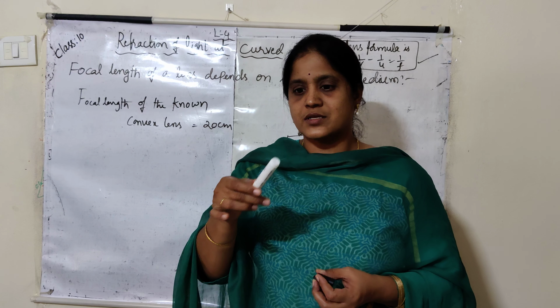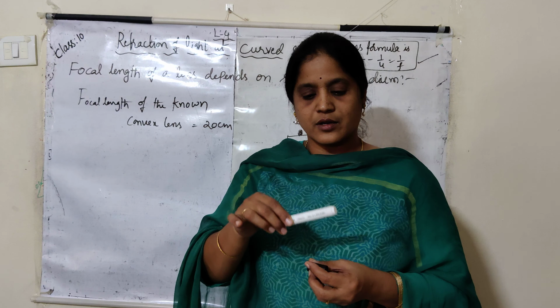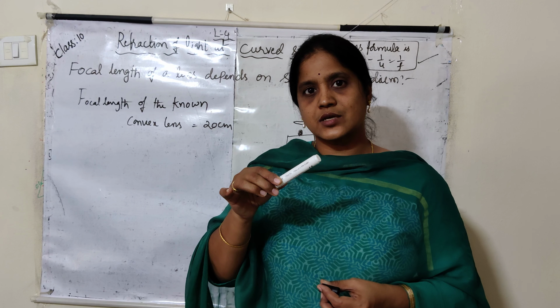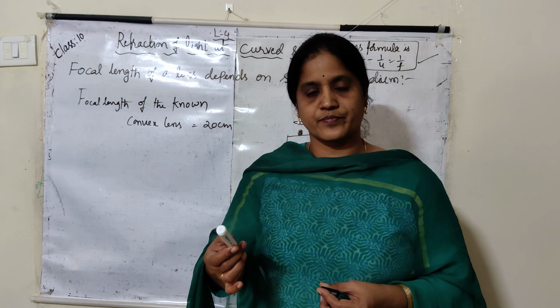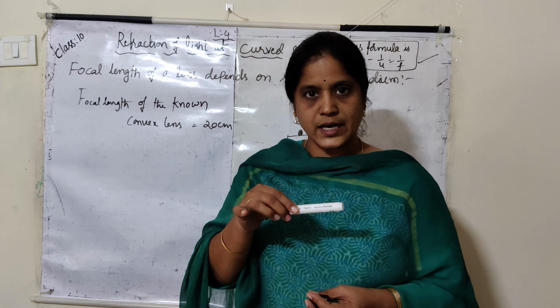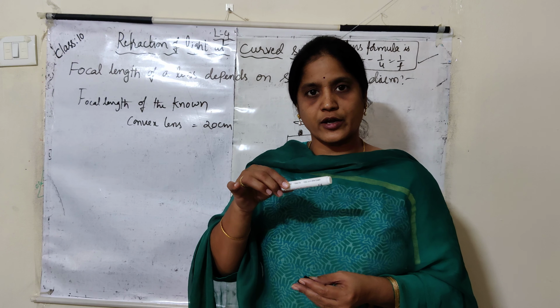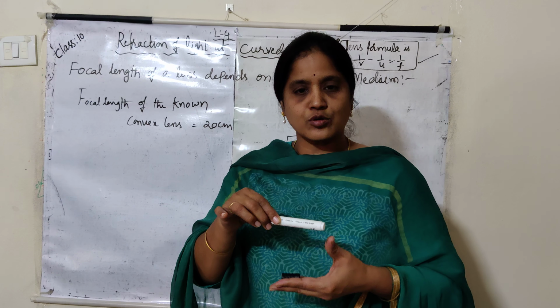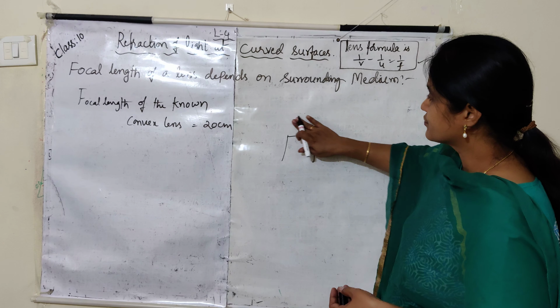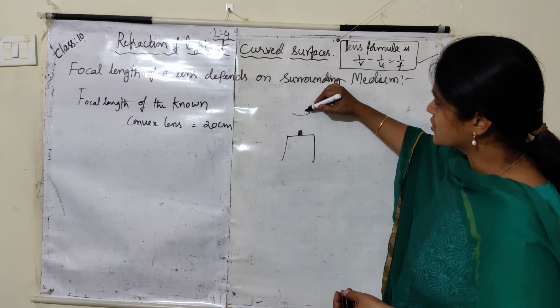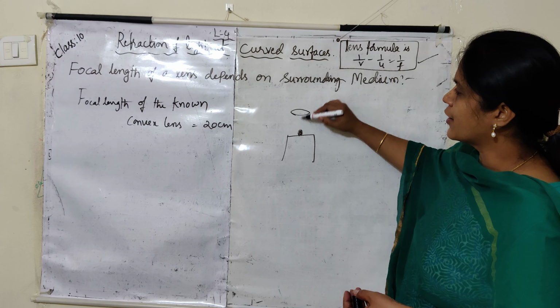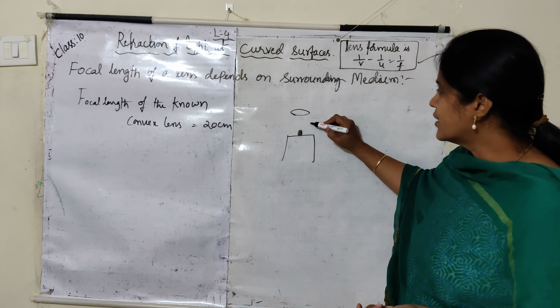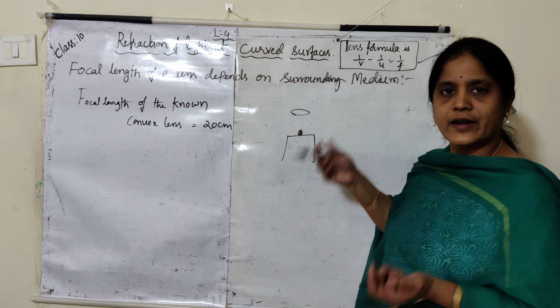Real images you cannot see here; only virtual images can be seen. So by using this lens, find the distance at which you get the image of the stone. Adjust the convex lens and find where you get the image.